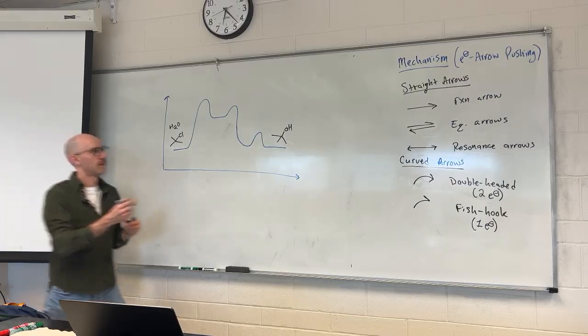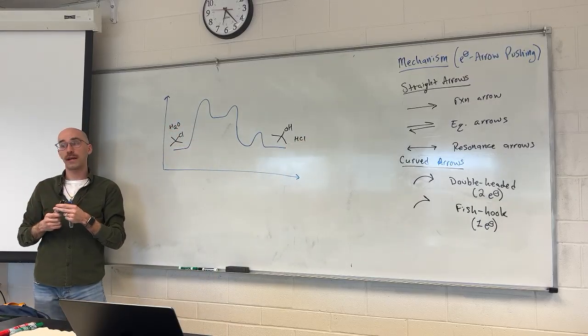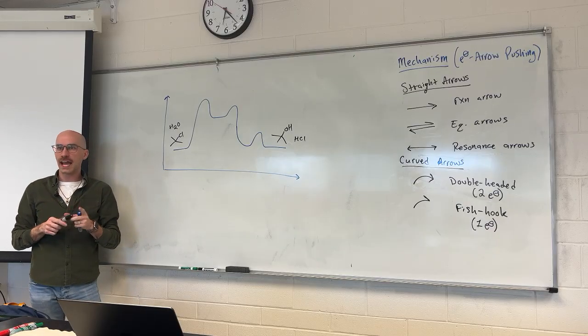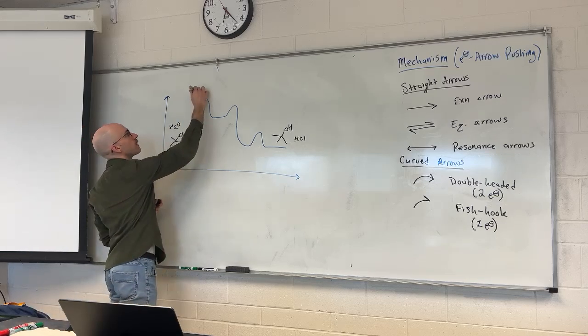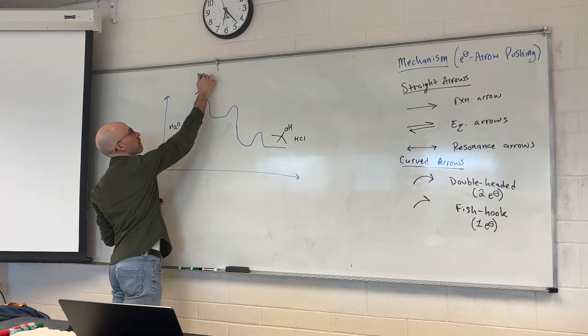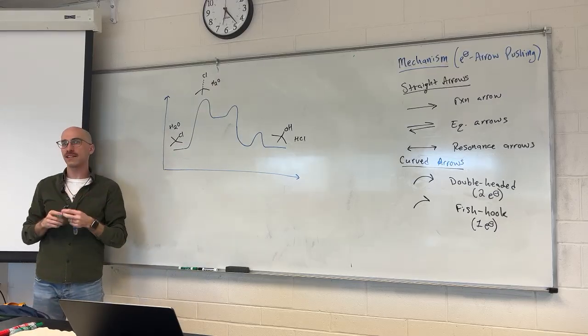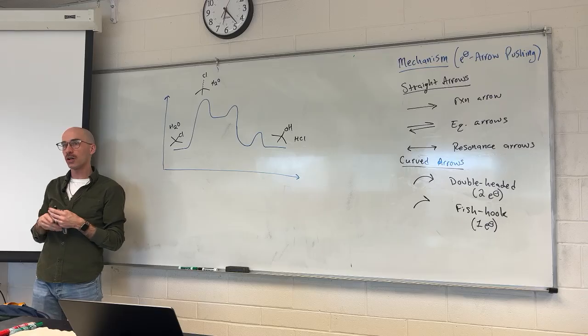If you were asked on the test, either would be correct. What's the first thing that we see happen in this mechanism? Yeah, the first thing is that the carbon-chlorine bond breaks, and the water is not involved in this bond breaking or bond making at all.